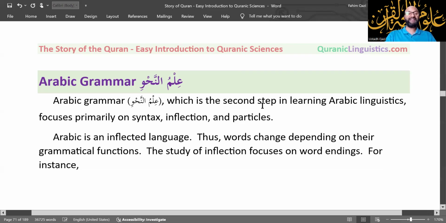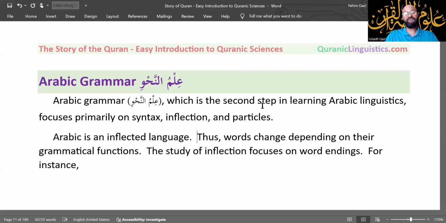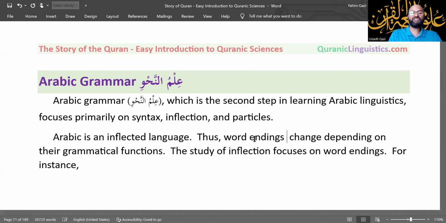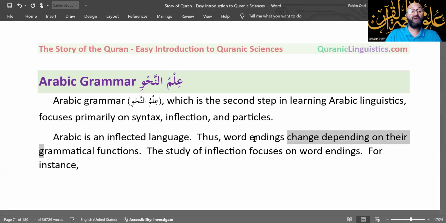Arabic is an inflected language. What's an inflected language? An inflected language is a language in which words change the endings, right? Word endings change, to be more accurate, depending on their grammatical function. Whereas the study of inflection focuses on word endings.